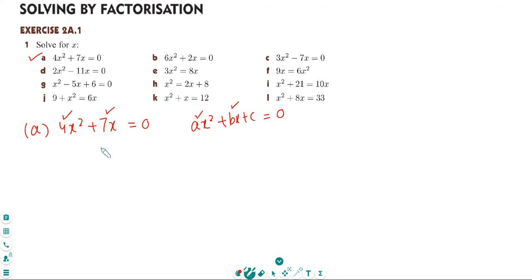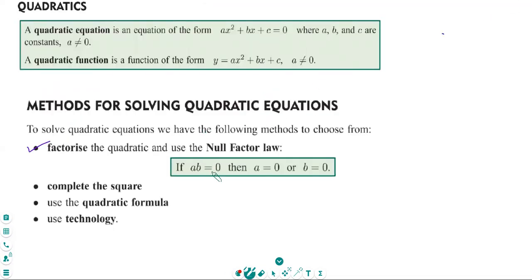So in these types of equations, when we have two terms, the x squared term and the x term, it's easy to find the roots by just taking common from these two terms. You can see there is x as the HCF, the highest common factor, and the leftover will be 4x plus 7, equal to 0. Now according to the null factor method, if a times b equals 0, then a equals 0 or b equals 0.